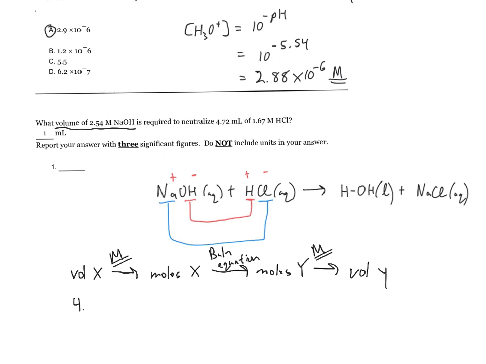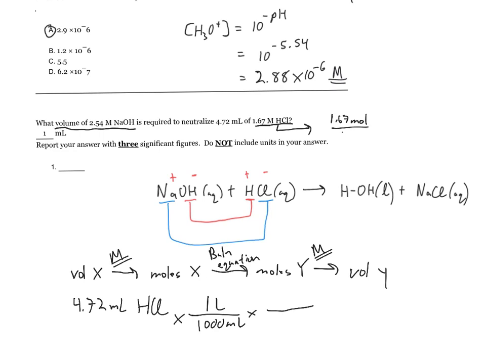So we've got 4.72 milliliters of the HCl solution. There's 1,000 milliliters in 1 liter. And we know that this is the same as 1.67 moles in 1 liter, or 1 liter is 1.67 moles. Any molarity, you can get that type of conversion factor.